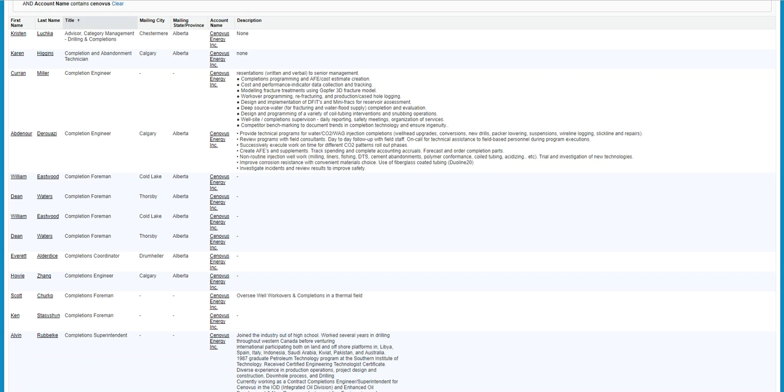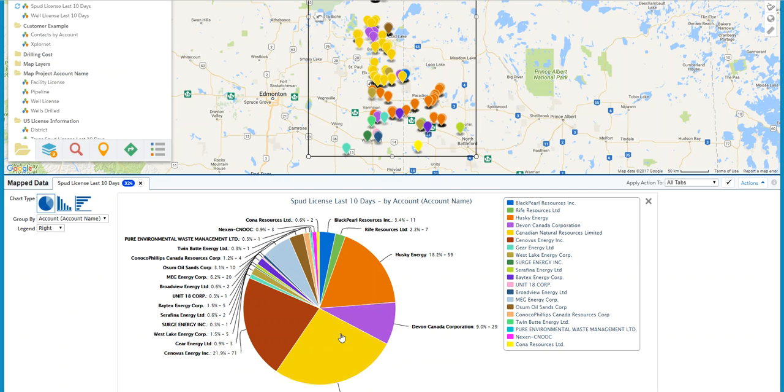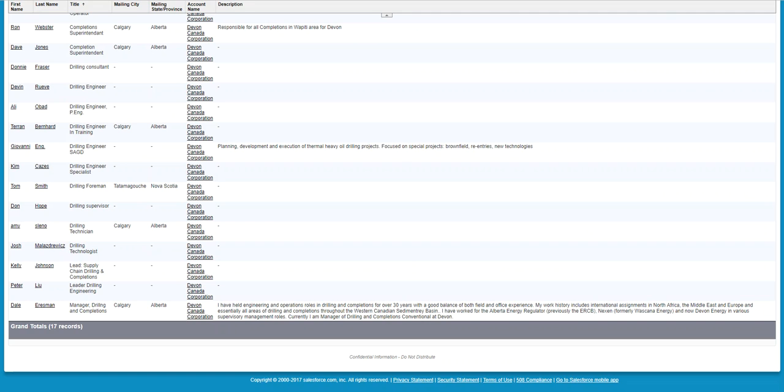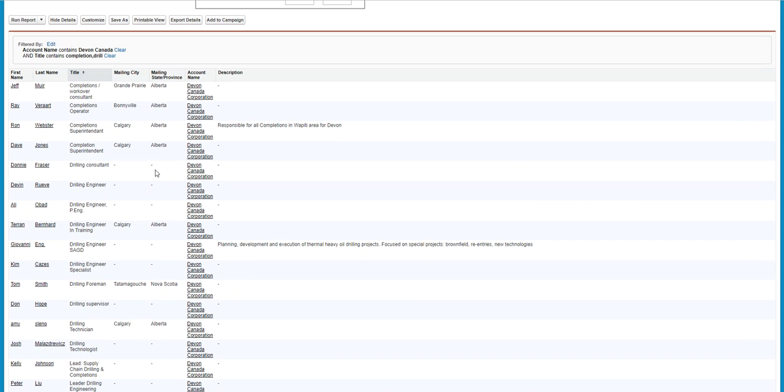Because I was looking at my market and I could see CNRL, I can then look at Devon, come over into the Devon file, and start to drill down on the people in Devon. Same idea: what role are they playing? Where are they located? What are their roles and responsibilities?